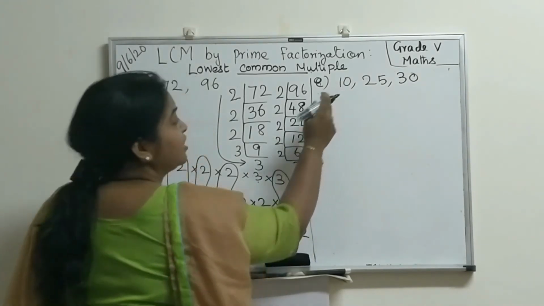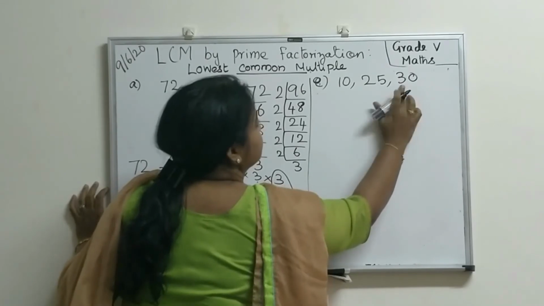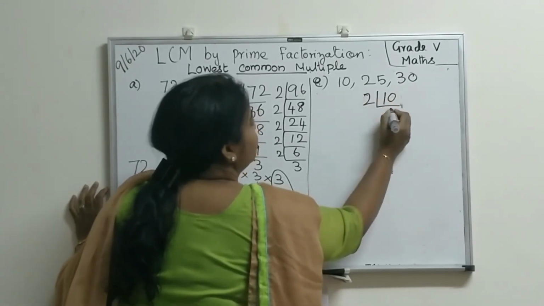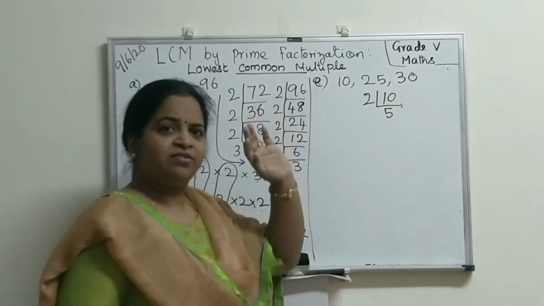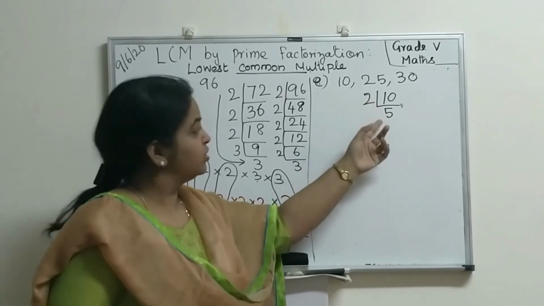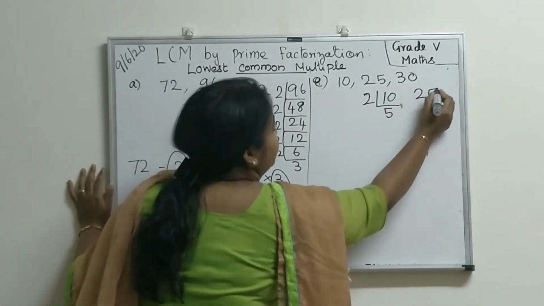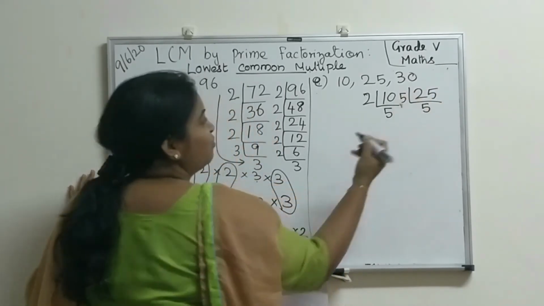Here we will do the other sum also. First find the factors of 10. 2 5s are 10, right? We have to do only with the prime numbers. We cannot divide more than this, right? 2 5s are 10. I think it is an easy sum. 25, how will you do? 5 5s are 25. We cannot further divide.